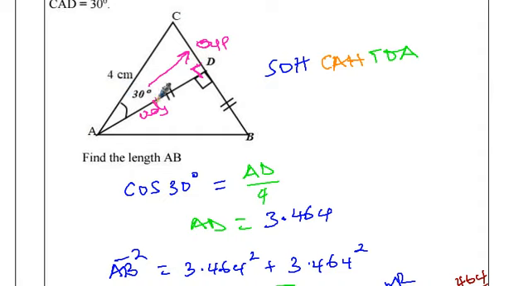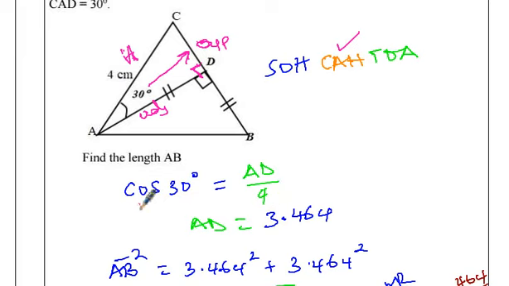So that means we are interested in getting the adjacent side, and from SOHCAHTOA we can pick out that part where we have the adjacent side, and since we know the hypotenuse, cosine of that angle should equal side AD out of the hypotenuse, which is 4. Now how do I get this answer?